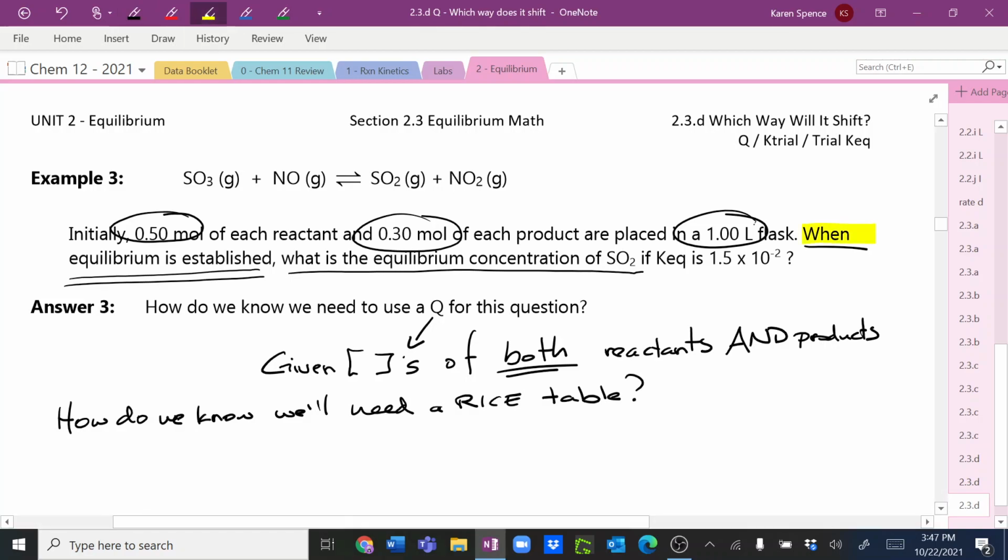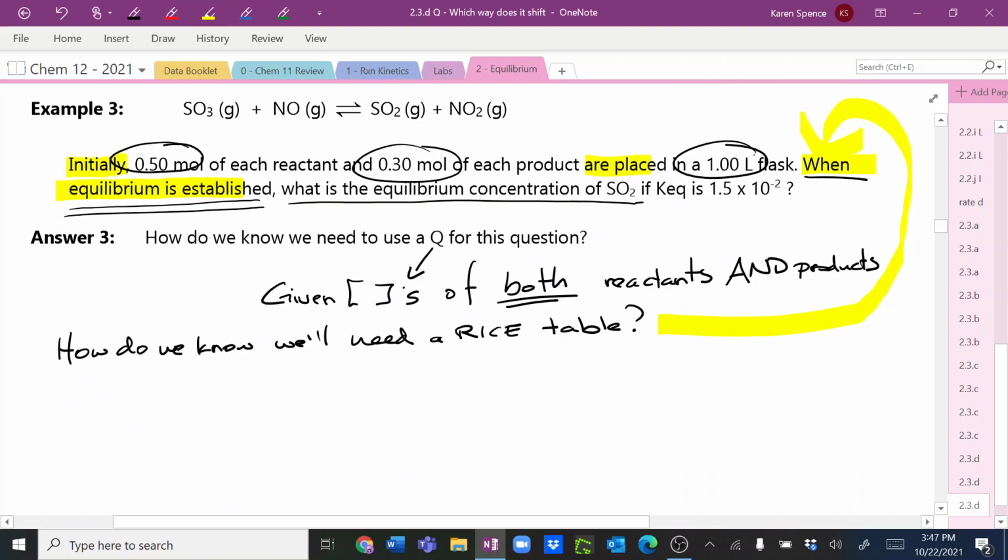When equilibrium is established, initially some things were placed, so we weren't at equilibrium, then eventually equilibrium is established. So that's our language there. So we're going to need to use a Q and a RICE table, so let's start with Q.